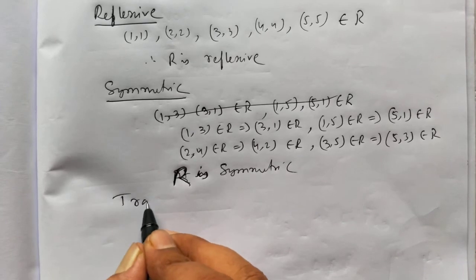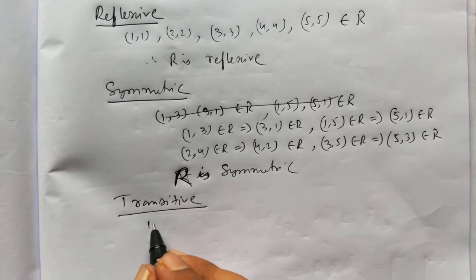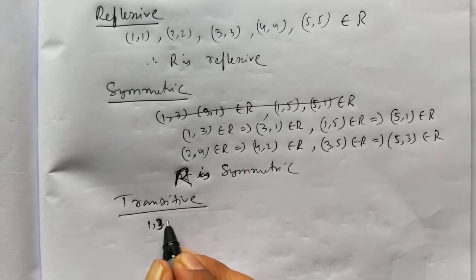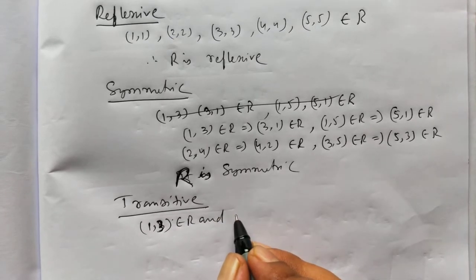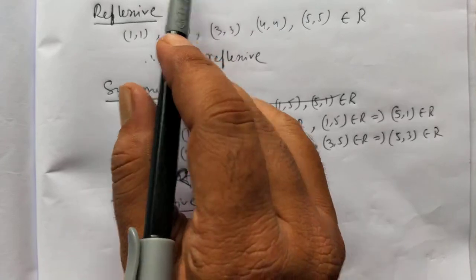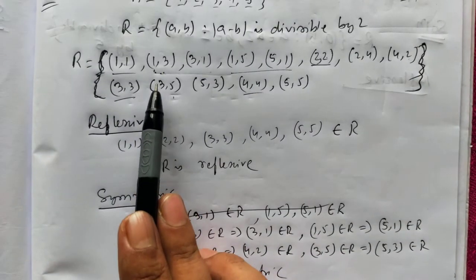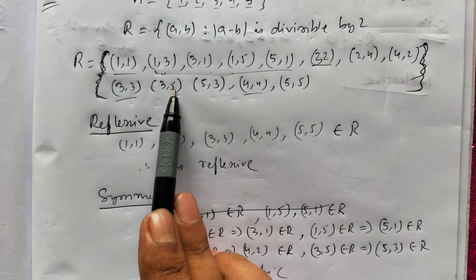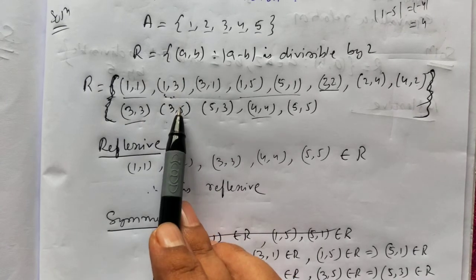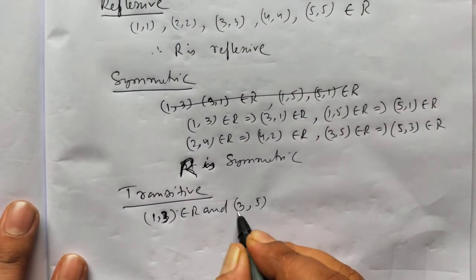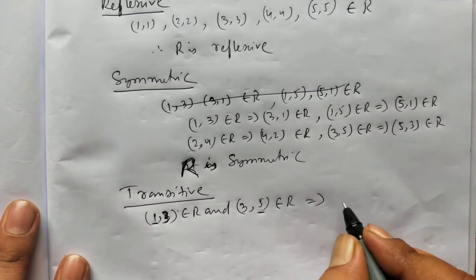Let's check transitive. It's like this: if 1, 3 belongs to R and, connected to 3, there is 3, 5 or 3, 3 also. I can take 3, 5. I have to use the number 3. Does 1, 5 belong to R or not?